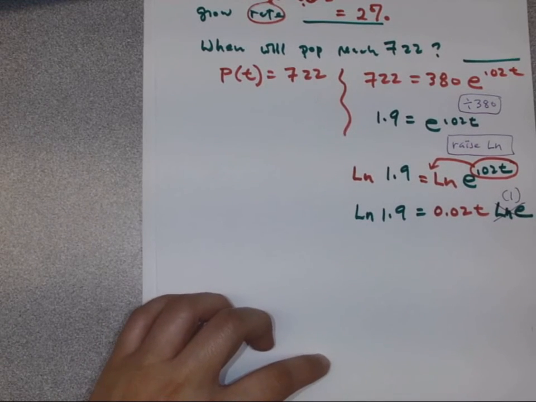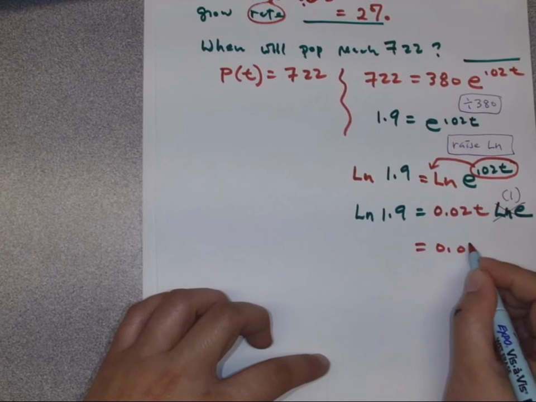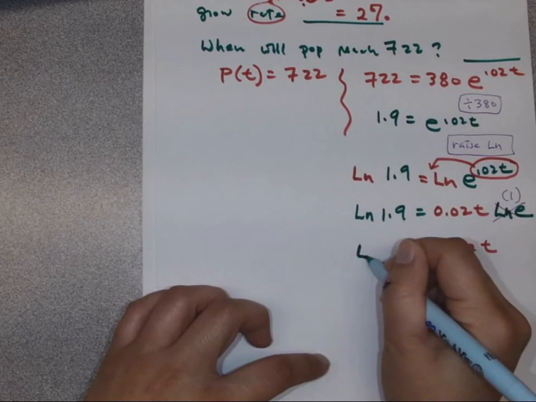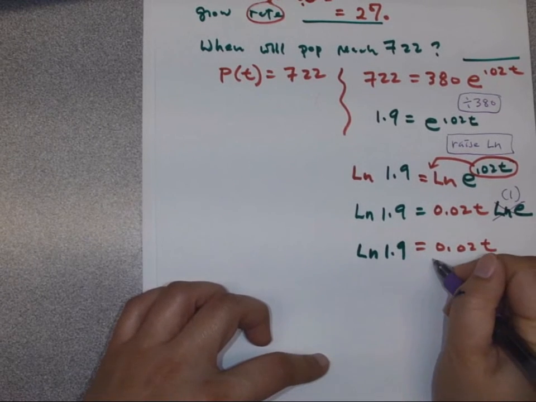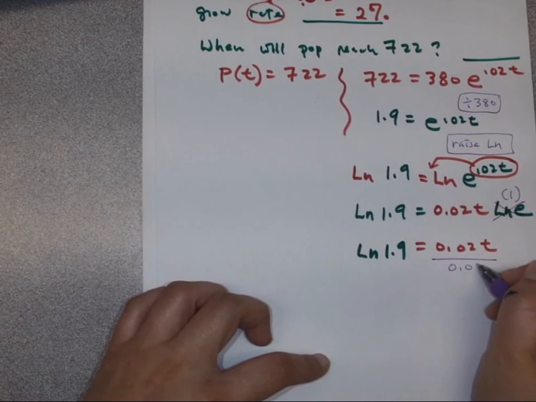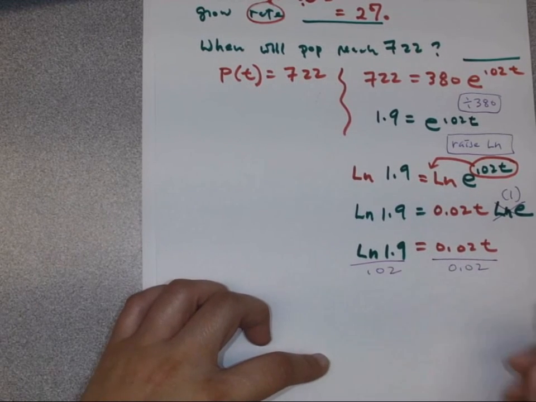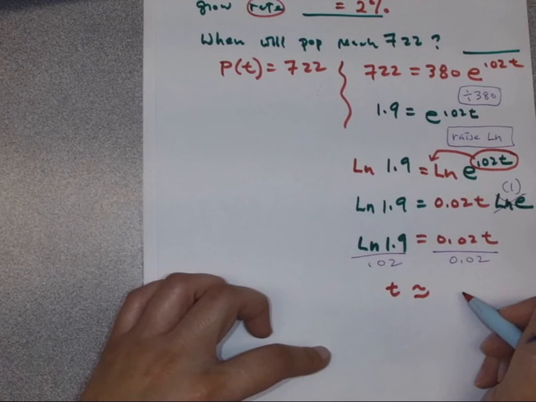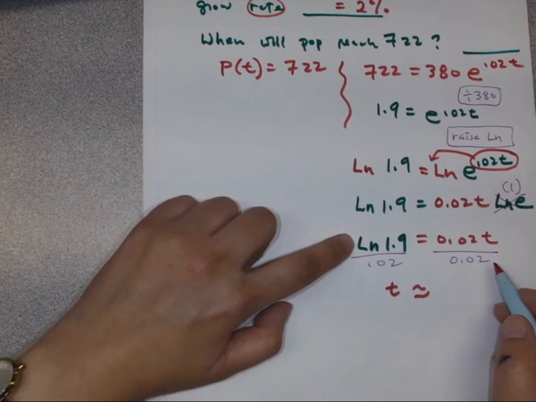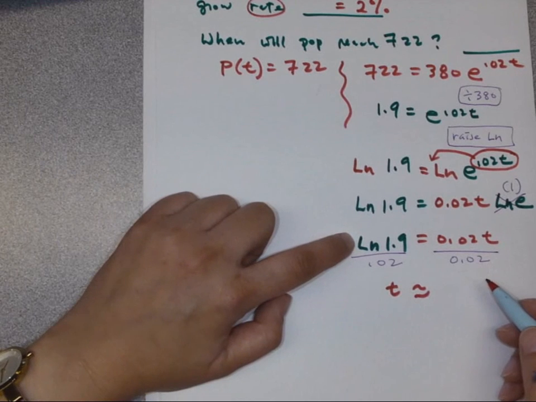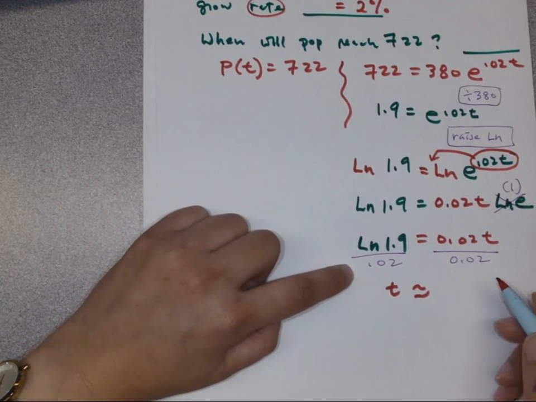And then all I need to do is solve: 0.02 t equals ln of 1.9, right? So to solve for t, we need to divide both sides by, very good, 0.02. So t is about, to 2 decimal places, ln of 1.9 divided by 0.02.